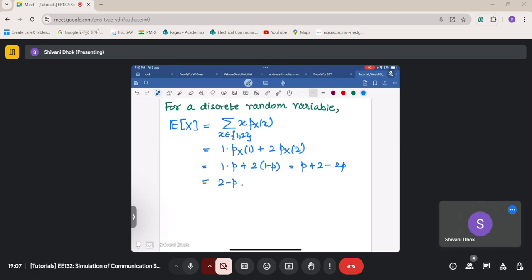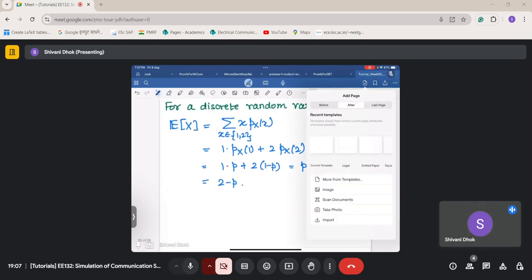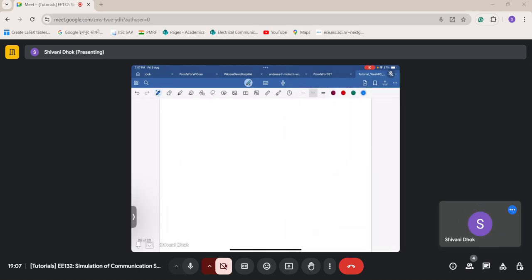Similarly, let's do one more step. Since we have a lot of time, just suppose we need to find the variance of this x.